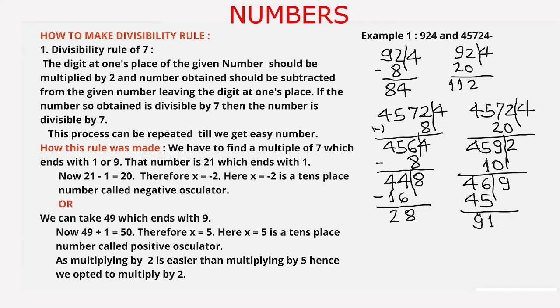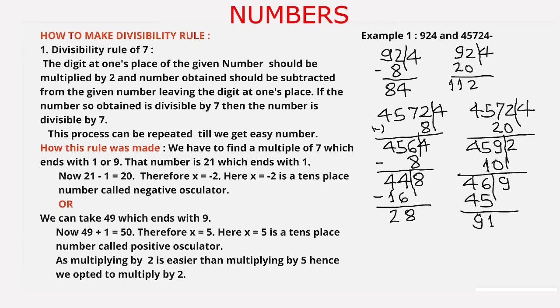But on observing both the process, multiplication by 5 or multiplication by 2, it is easier to multiply by 2 and subtract the number so obtained from the remaining part of the given number, rather than multiplying 5 to the last digit of the given number, then to multiply it by 2.